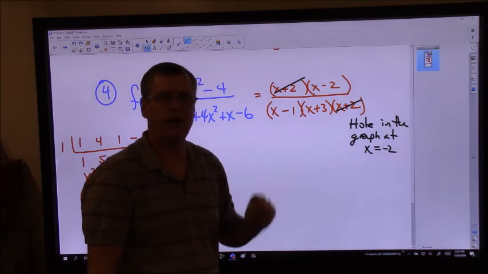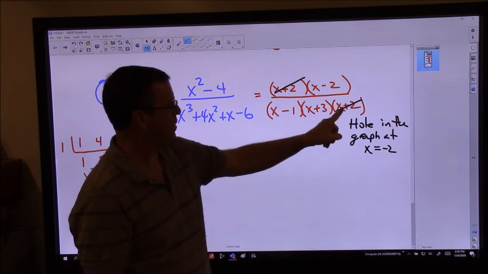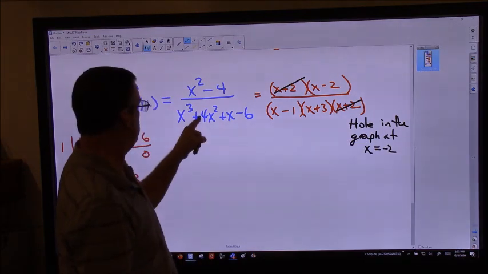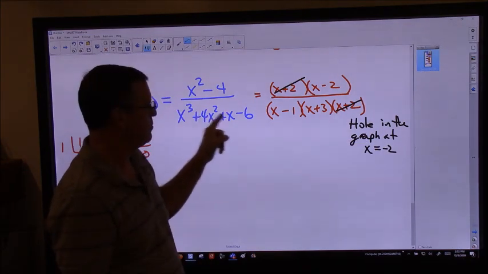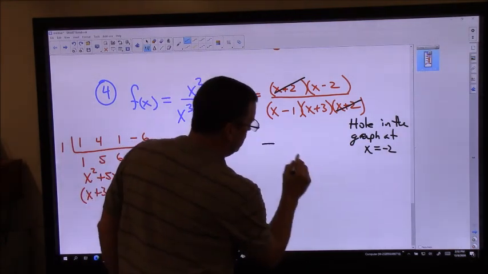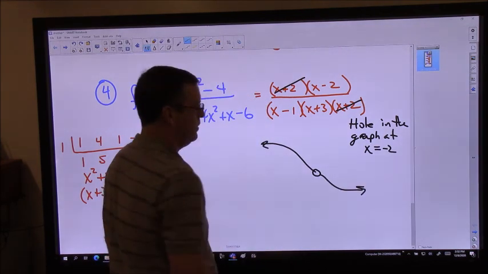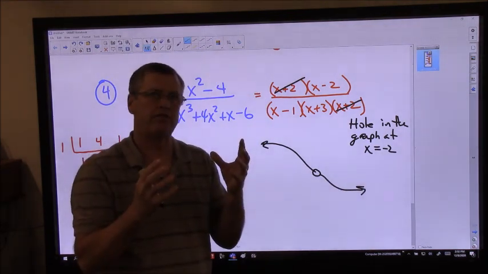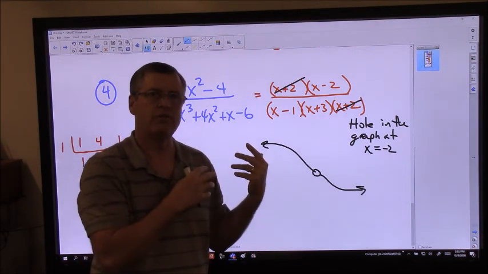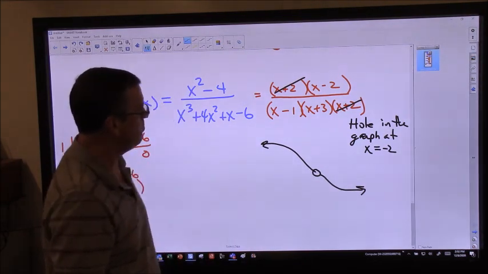There's a hole in the graph. We're still undefined because if you plug in a -2, you're going to get 0 in this denominator. So that just means there's a hole in the graph. What does a hole look like? It's when your graph goes like this and then there's a hole and then it continues on. It's like there's a break in the graph. Okay? We'll graph some of these later on the calculator and we'll see that hole show up. But that's what that means.